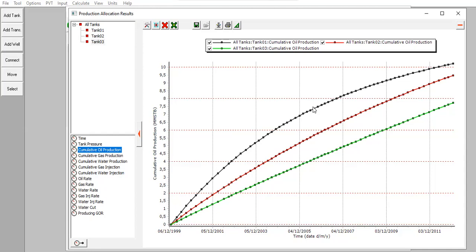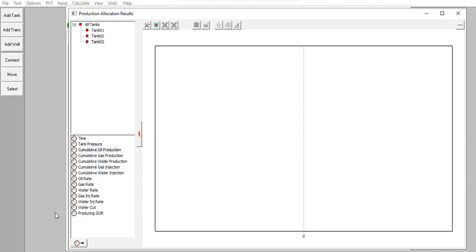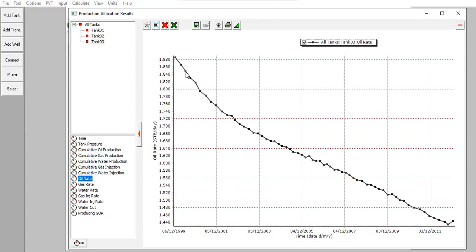First, because the size of the reservoir is, of course, smaller for tank 1, but also because the production rate resulting from the higher productivity index is also higher. That's why it will decline faster.